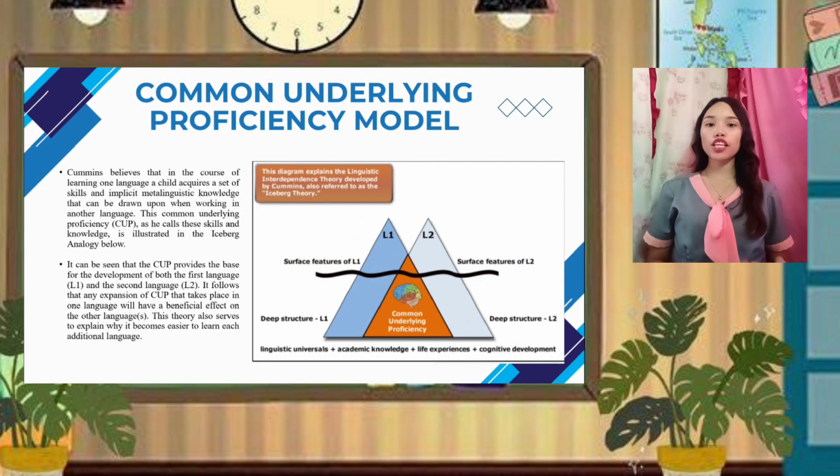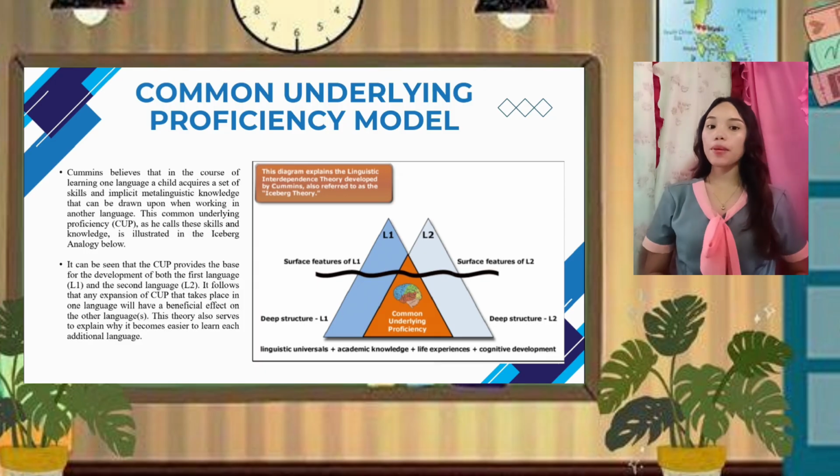Cummins believes that in the course of learning one language, a child acquires a set of skills and implicit meta-linguistic knowledge that can be drawn upon when working in another language.